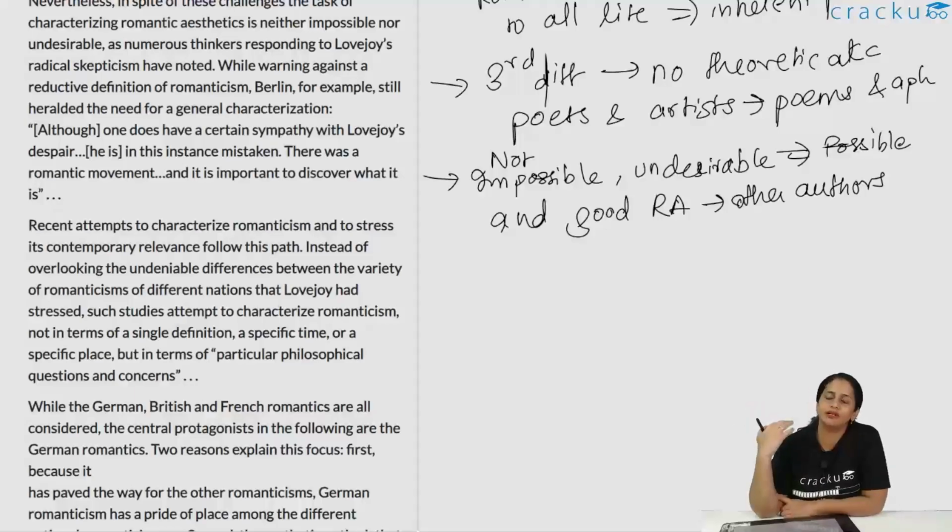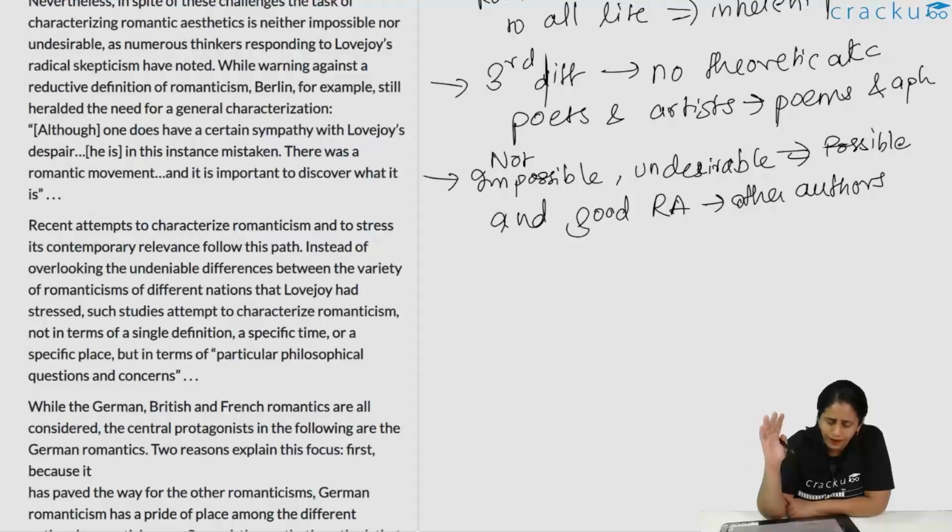That is a very oversimplified idea of what romanticism is. So you should not have a reductive definition, but you should still have a general characterization of what romanticism is. You should have some definition. Romanticism cannot be accurately defined, but it can be defined in general terms. So Berlin said we can give a general characterization of what romanticism is as such.